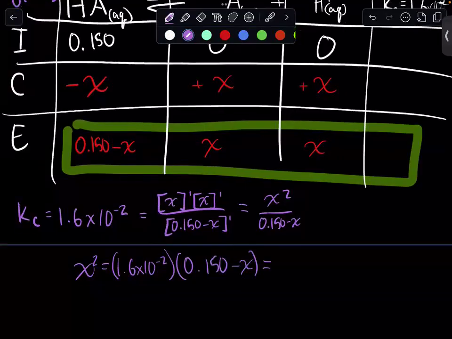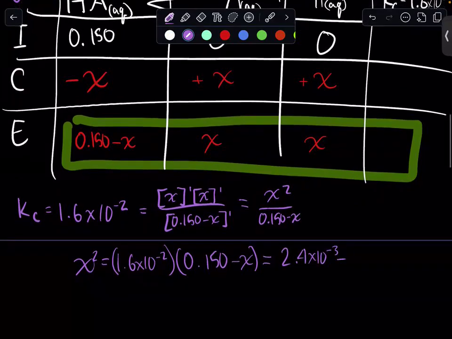That part will simplify further to 2.4 times 10 to the minus third minus 1.6 times 10 to the minus second x. All right, we are almost there.